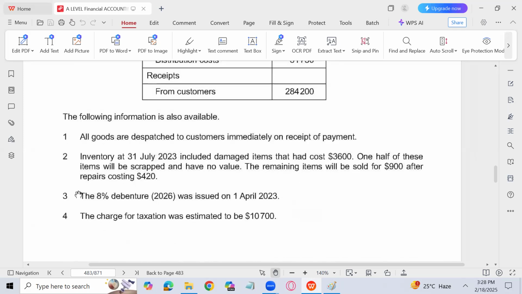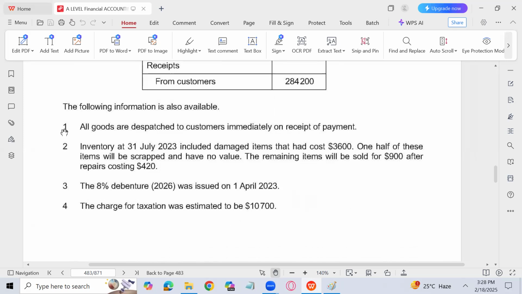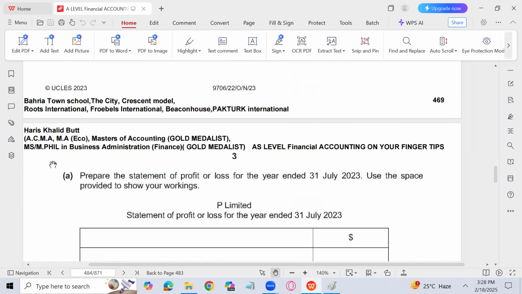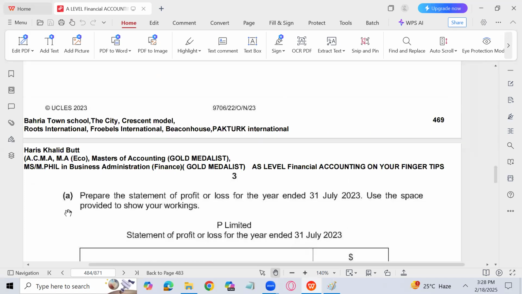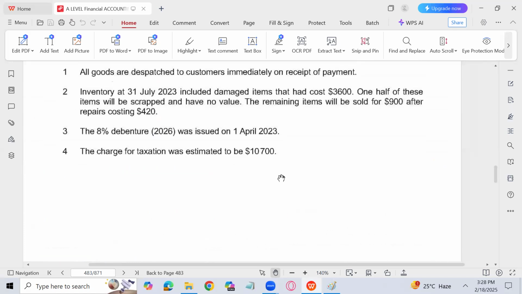Next, 8% debentures were issued on 1st April. So the non-current liability, the loan of 8% debenture, was taken on 1st April. Our financial year charge for taxation was 10,700. That is also an expense. Our financial year ends at 31st July 2023. So April till July: April, May, June, July.